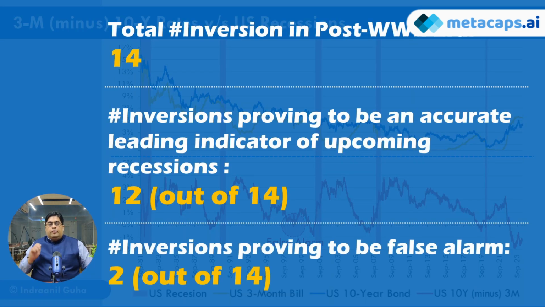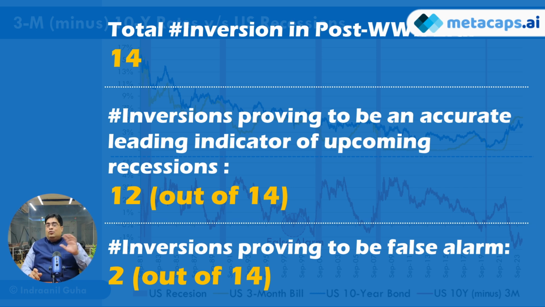In fact, it might be interesting to have a look at how many times the yield curve inversion in the post-Second World War era has proved to be a reliable indicator of an upcoming recession in the US, and how many times it has proved to be a false alarm. In the post-Second World War era, we have had 14 inversions in total. How many times out of these 14 inversions has the yield curve inversion proved to be a reliable advance indicator of an upcoming recession in the US? 12 out of 14 times.